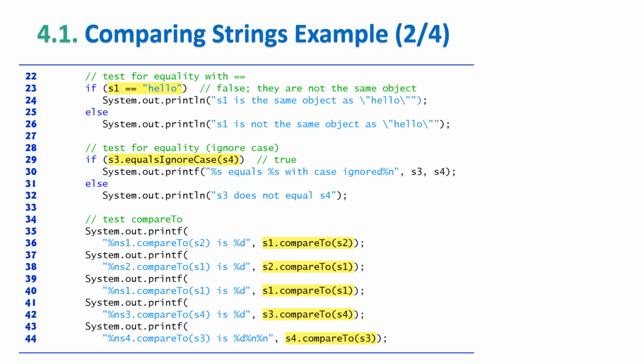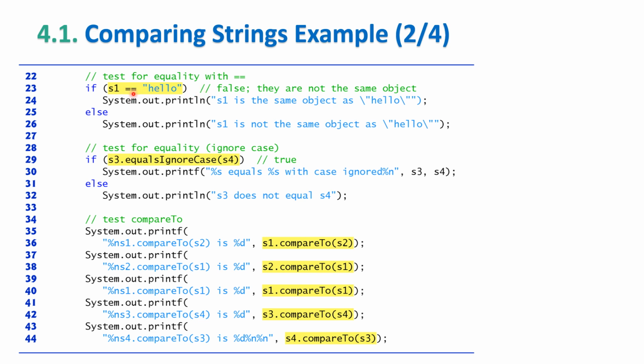In the second part of the StringCompare.java program, it also uses the equality operator, denoted by the two equal signs, to compare the string object s1 and the string "hello" for equality.